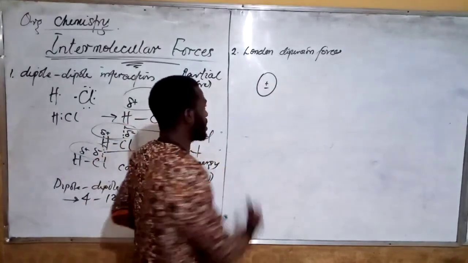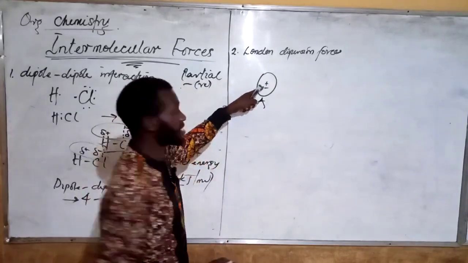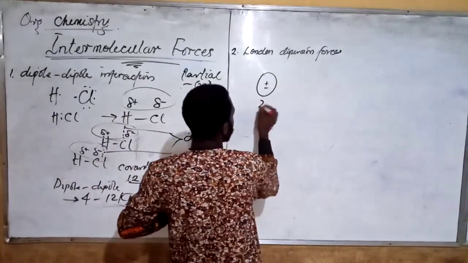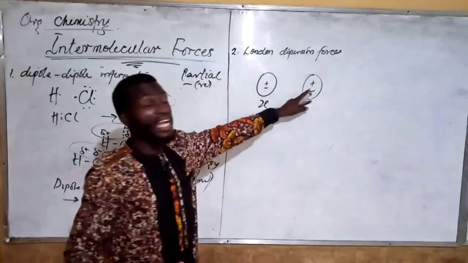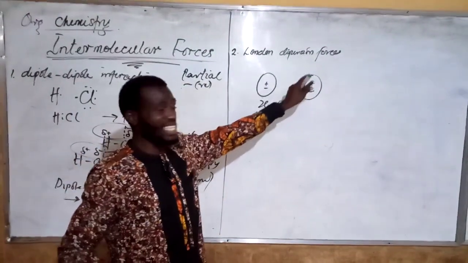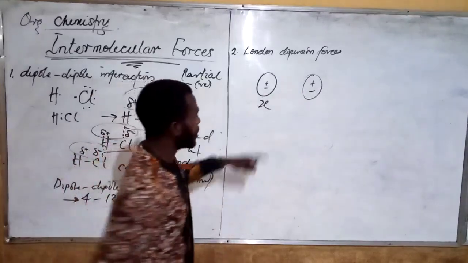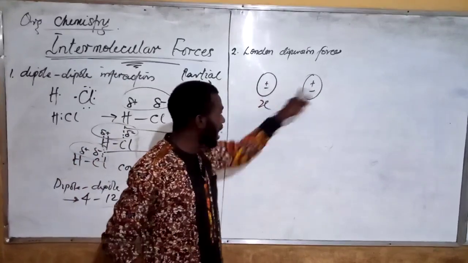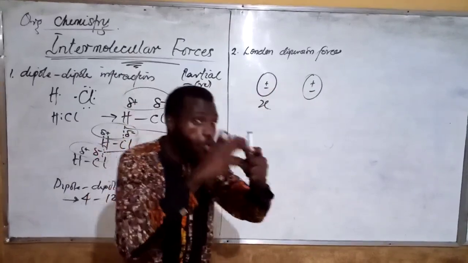So say, for example, in a particular molecule, there is a weak dipole existing at the center there. Now, between a molecule X and Y, let's use X and Y, there's another dipole existing in the same compound, and their dipoles coincide. The positive and negative coincide, and they come close to one another.